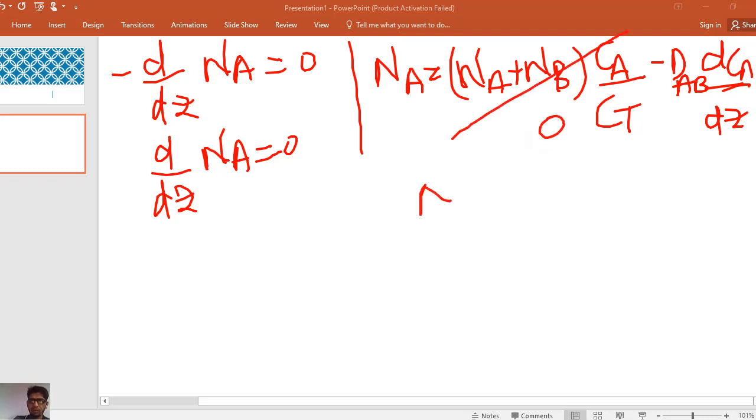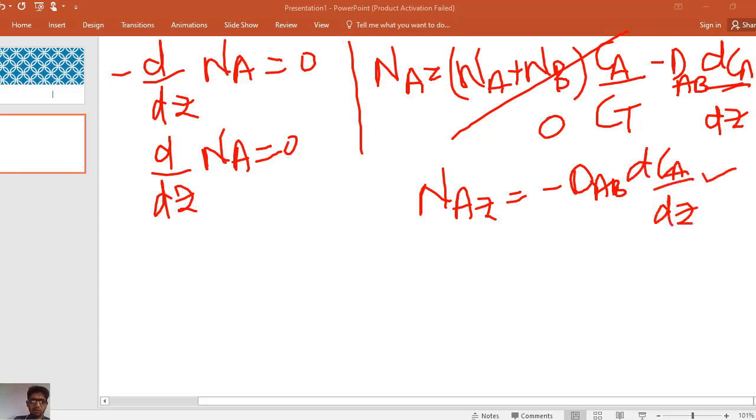So NAz is equal to minus DAB dCA by dz. Suppose this is equation 2.